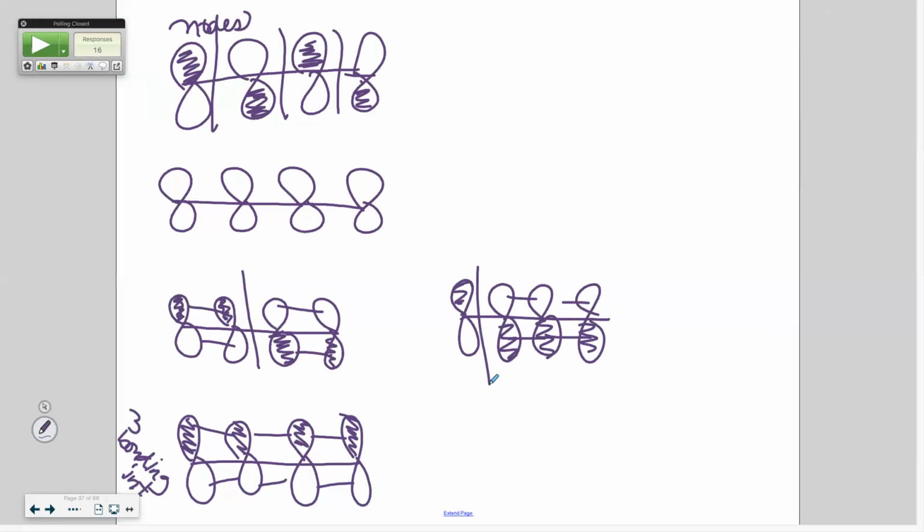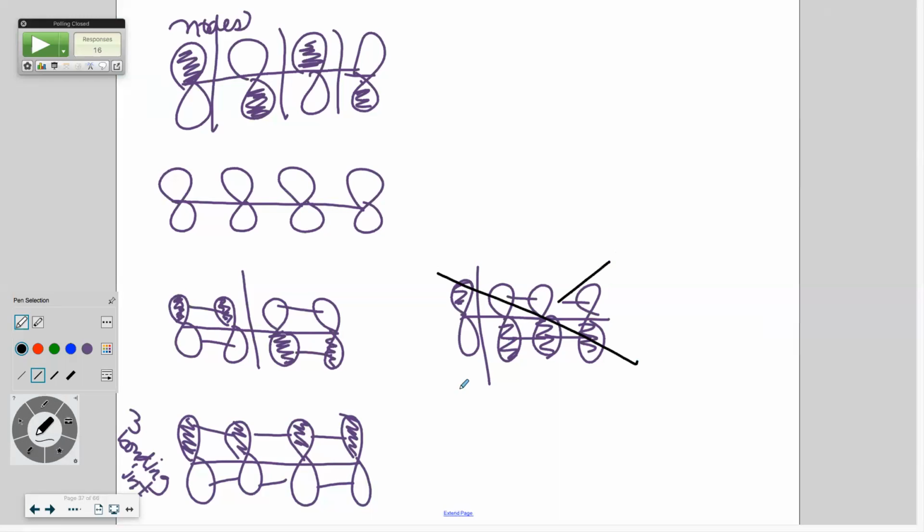You want to aim for symmetry. That's kind of the symmetry rules. That's why that one isn't correct, so we're just going to put an X through it. It has only 1 node, and it still has 2 bonding interactions, but it is not correct because it isn't symmetrical.